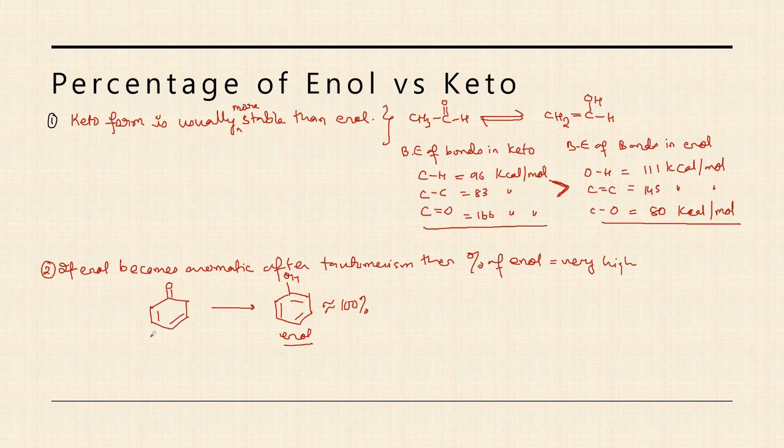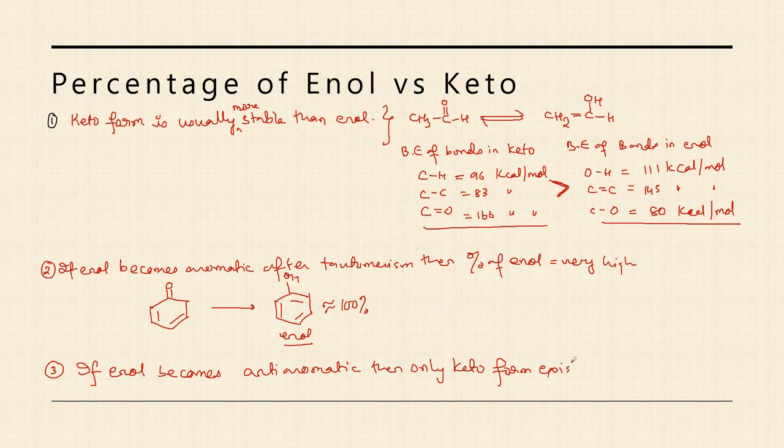Okay. Third, if enol becomes anti-aromatic, then only keto form exists. Okay, if it becomes anti-aromatic, for example, ये ले लिया मैंने, its enol form will be like this, double bond OH.